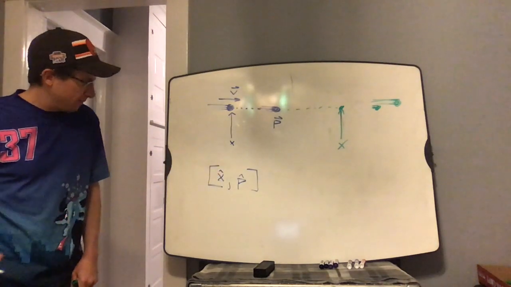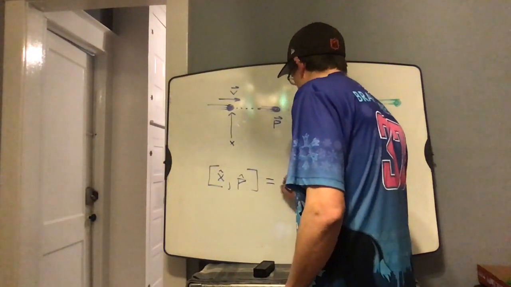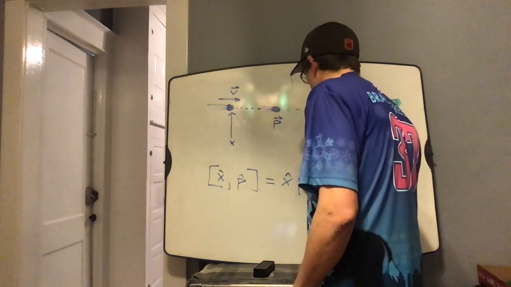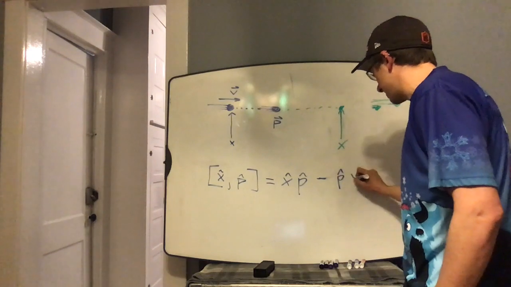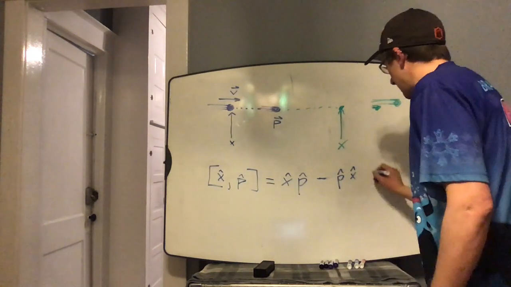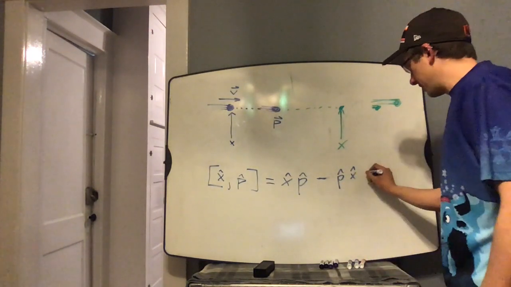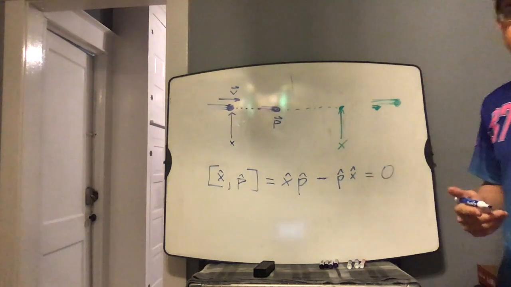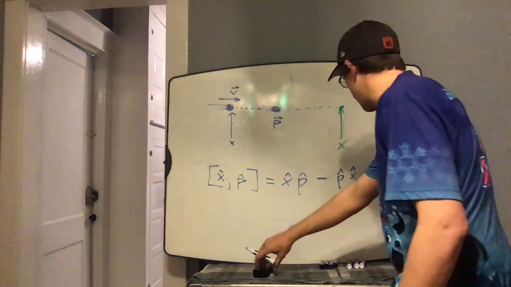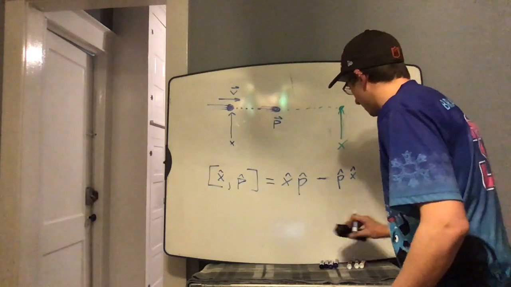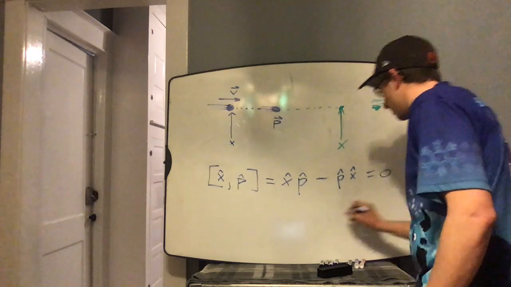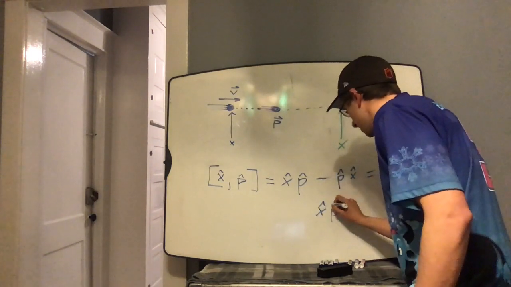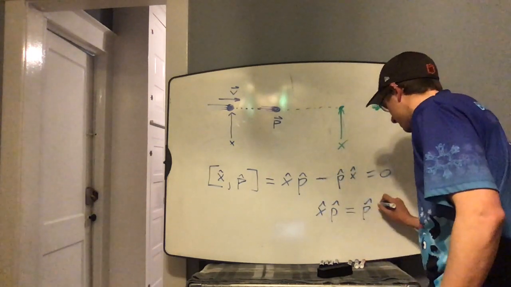So this is basically saying, if I have the position and the momentum operator, and I subtract them, in classical physics, these will just be 0. So that's like saying xp minus px is equal to 0. So I could say xp is equal to px.